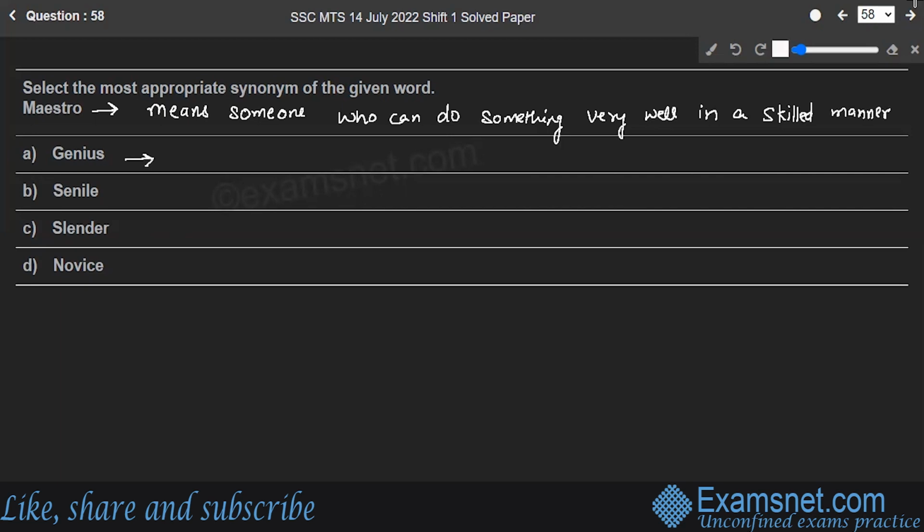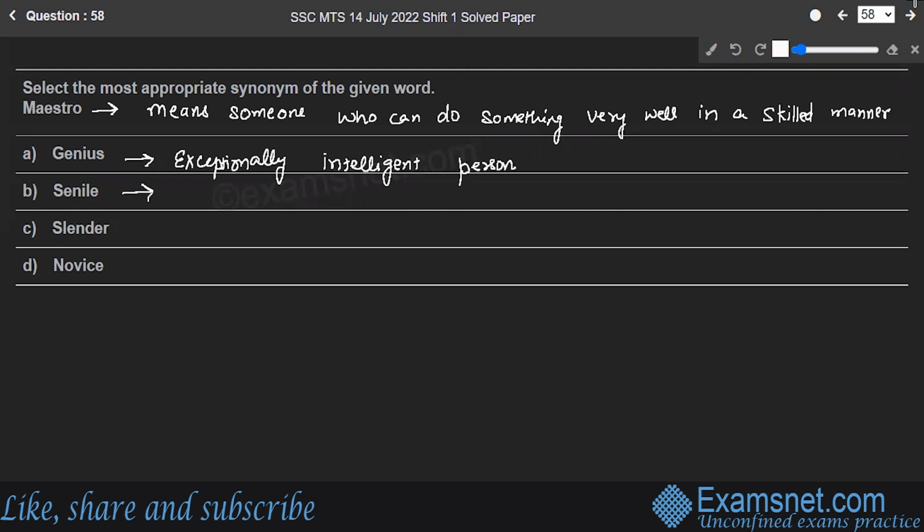Okay. Then is the word genius. It means an exceptionally intelligent person with exceptional skills in a particular area or an activity.